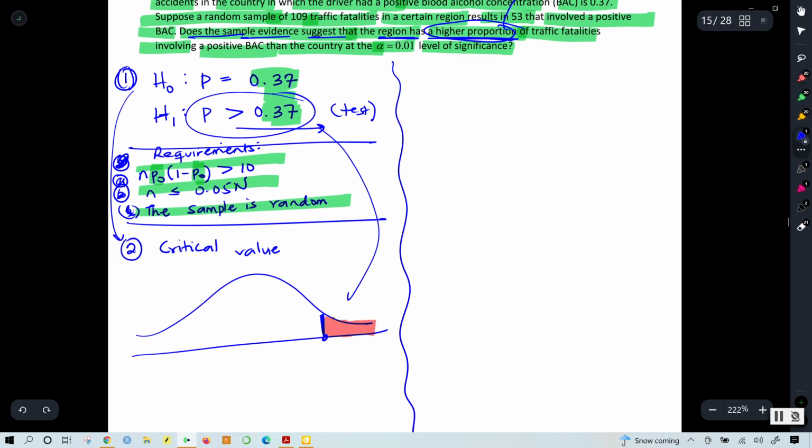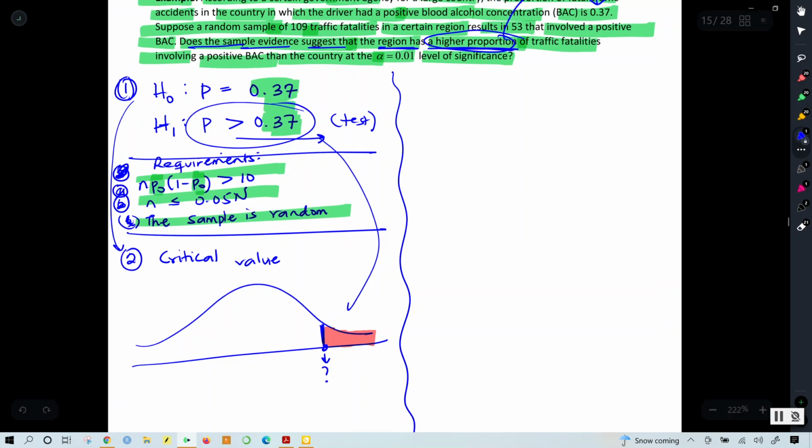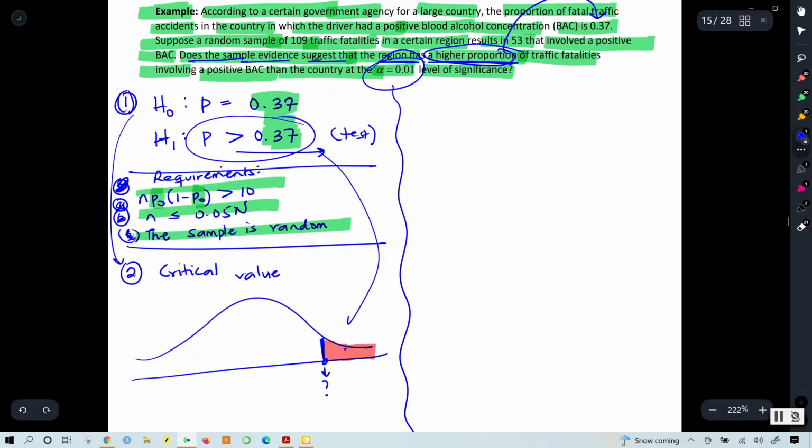And I need my critical value here. How do I find my critical value? I need my alpha. The size of the rejection region, alpha, is 1%. This is my rejection region. And in the remaining region, I have the remaining 99%, which is 0.99.